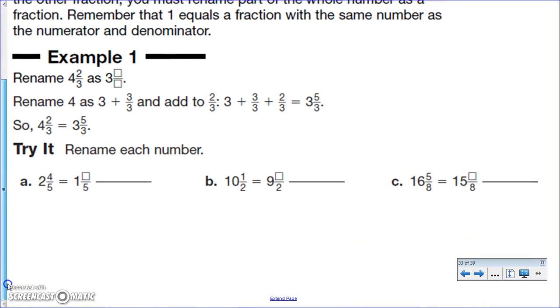So we're going to try it with problems A through C and rename each number. So we have 2 and 4/5. So the first thing we've done is we've borrowed 1 whole from the 2, and we're going to turn that into 5/5. Now we're going to take that 5/5 and add it to the 4/5.